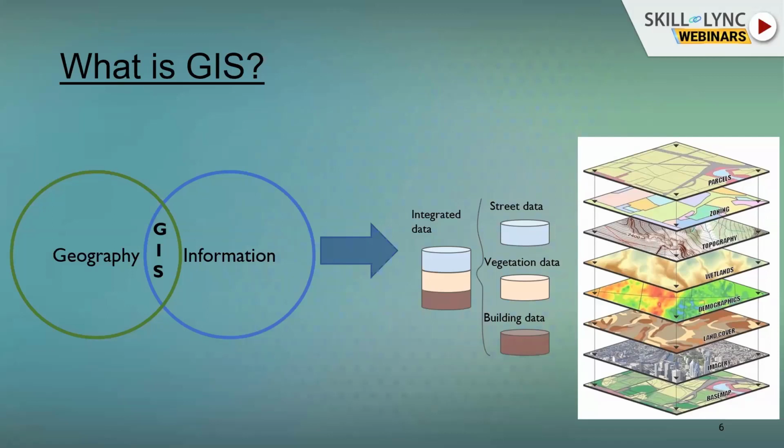It can have parcel boundaries, as you can see on top. Parcel means building footprints, building blocks. Then zoning, how zoning is done, and maps. Topology, like the elevation, wetlands, demographics, land cover, land use, and satellite imagery.